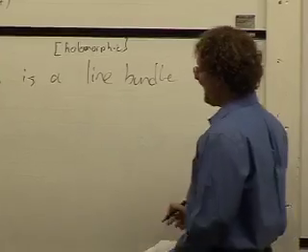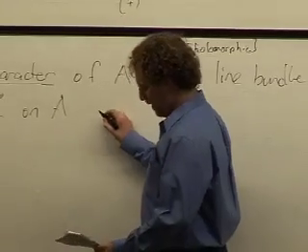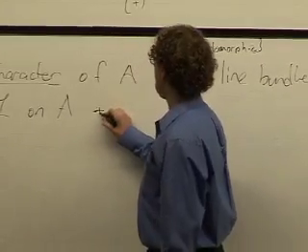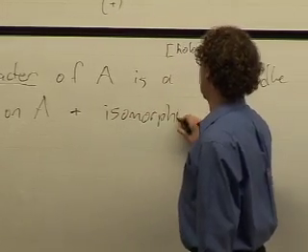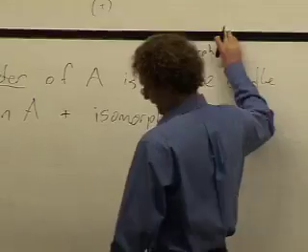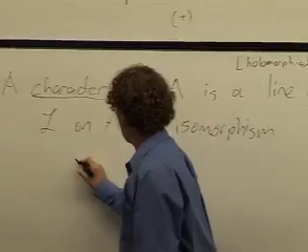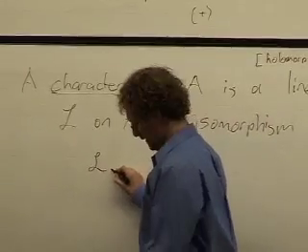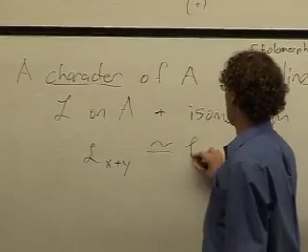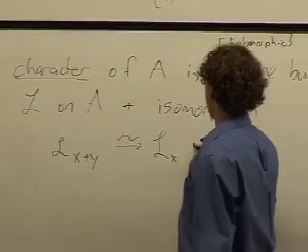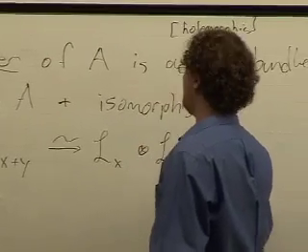So it's a line bundle on A with the following structure, an isomorphism, and this is going to be the character law: the fiber of L at x plus y is isomorphic to the fiber at x times the fiber at y.